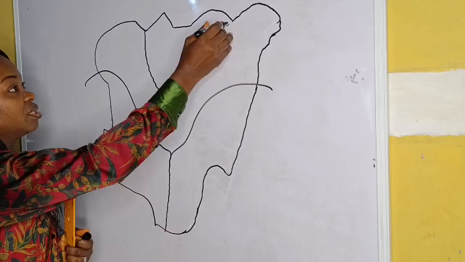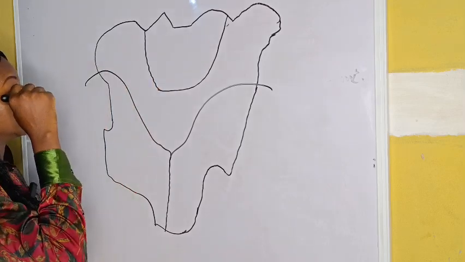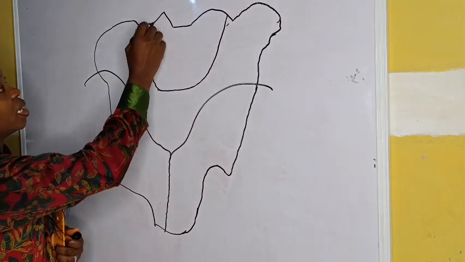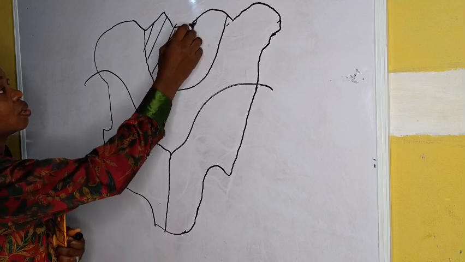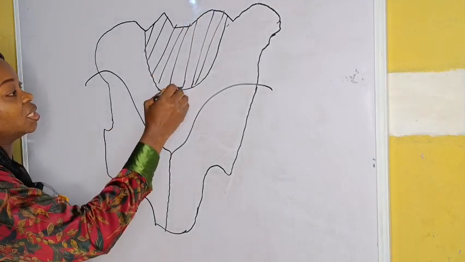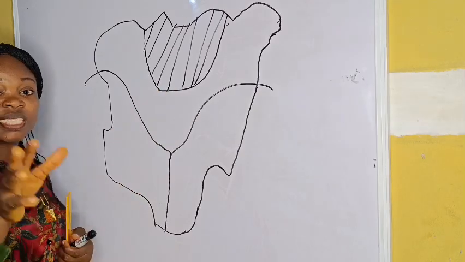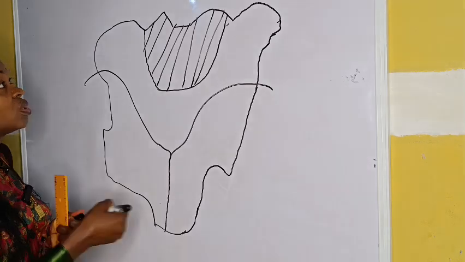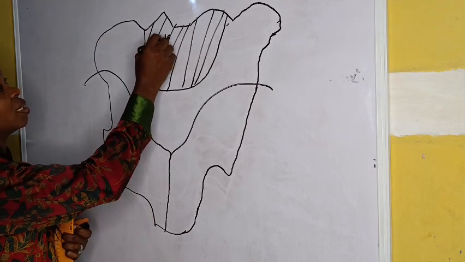Let's start with the north central highland of Nigeria. States in this region include Katsina. We'll just locate a few of them.